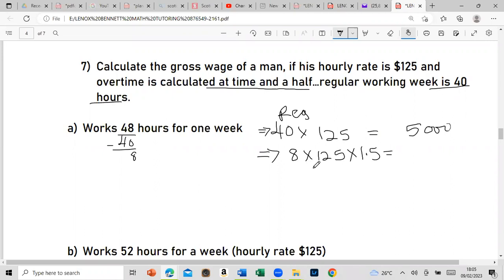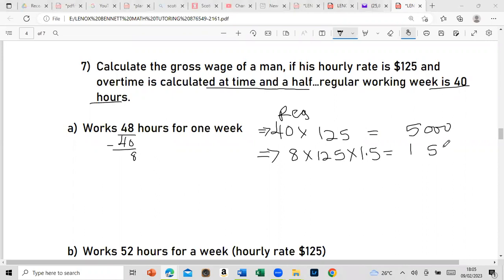And then we say 8 times 125 times 1.5, and that will give you what they work for overtime. That is 1,500.